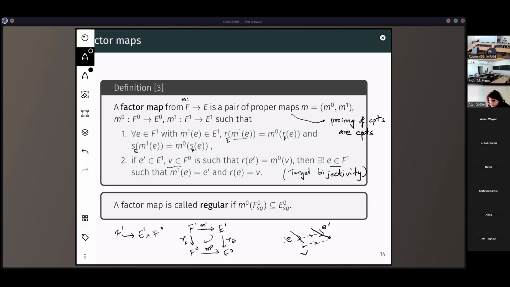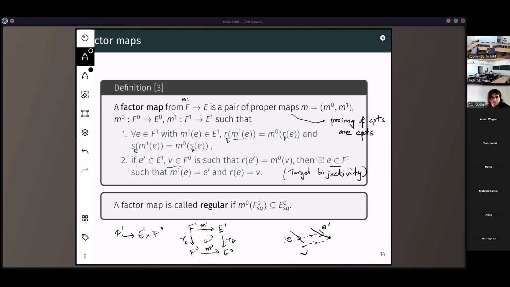Is it a pullback in the category of topological spaces and continuous maps? Yeah, because M0 is proper. So one of the maps in this commutative diagram is a proper map. So pullbacks will exist if at least one of them is proper, and it will be closed. So it will be a pullback just because M0 or M1, one of them, is a proper map.